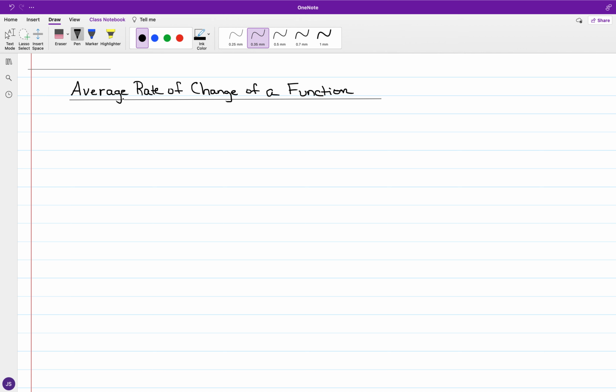And this is what we have in the guise of the average rate of change of a function. And this is, again, just like the functional notation for what we have regarding slope. We're giving a bit of a formal introduction.